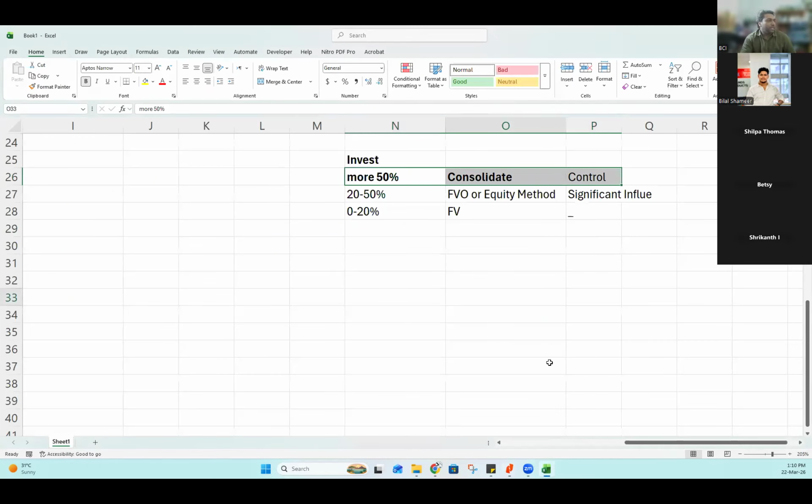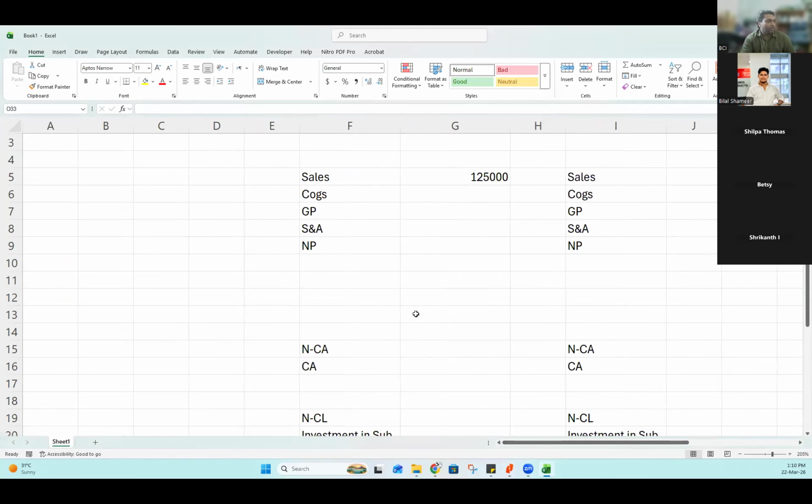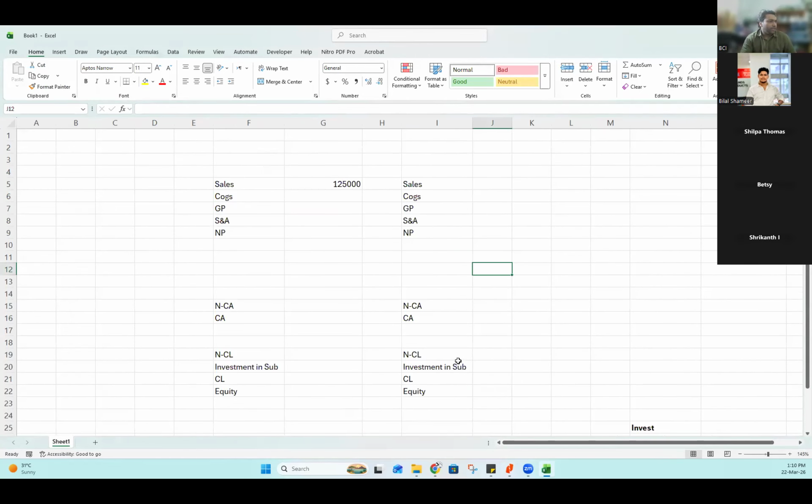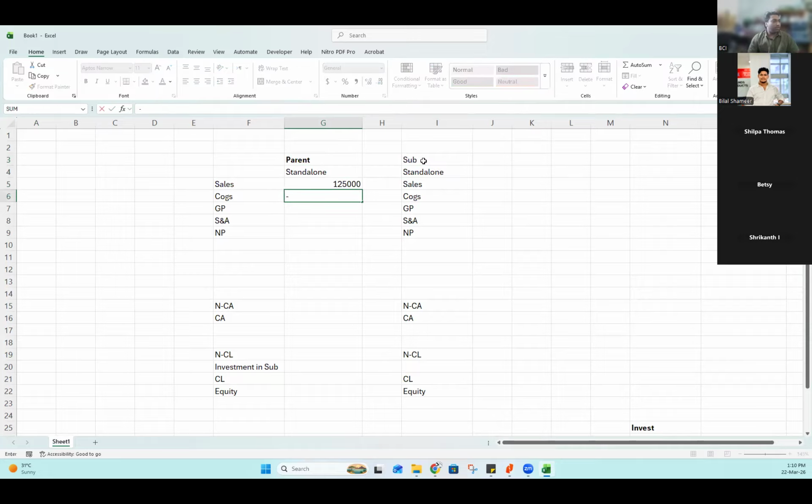Okay. Now let's see one example here. If you have companies individually, independently, we call it standalone. This is of the subsidiary, and this is the parent. When you have the parent as an individual company, we have sales, for example, 65,000, COGS, selling and administration, 15,000, for example.